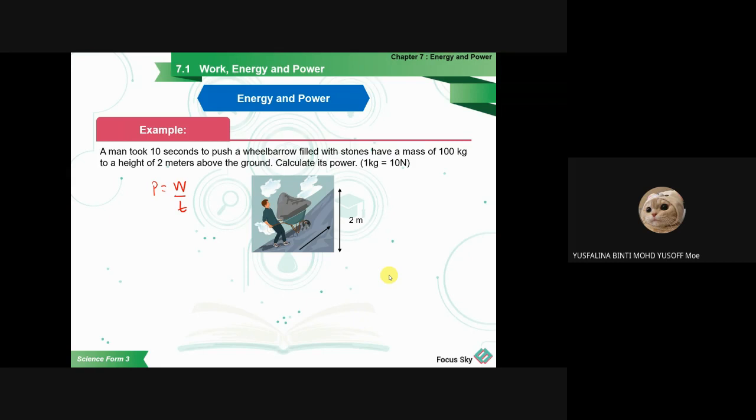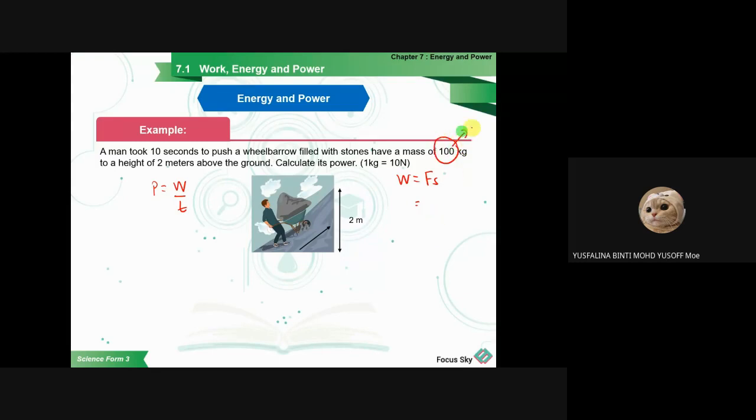Okay, can you get the answer for this one? So remember, this one is 100 kg, right? So you have to calculate the work first. W is equal to Fs. The force here, you have to change to Newton first, right?